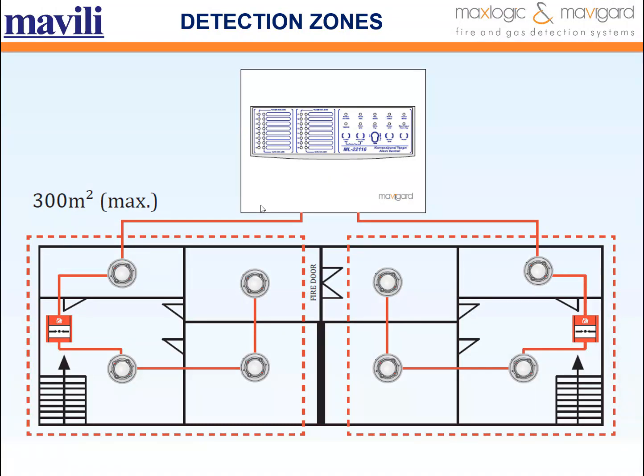As you can see, there are elevator shafts and staircase in this project, and the total livable floor area of the building is less than 300 meters square. That's why each zone should be limited to a single floor of the building.